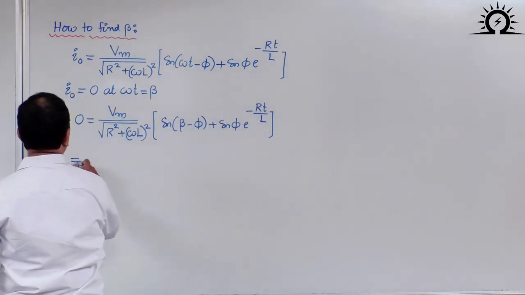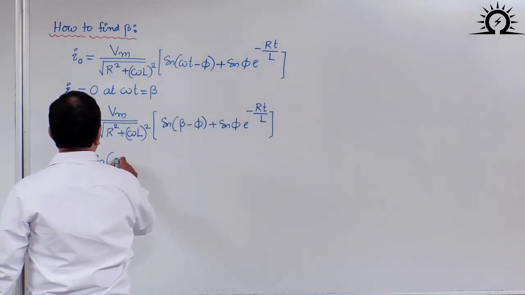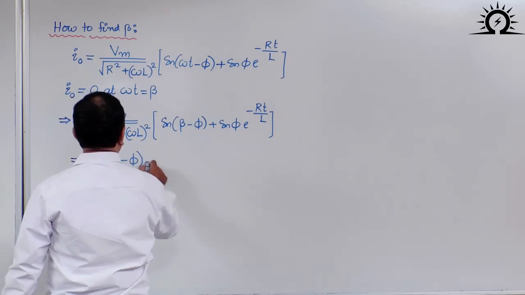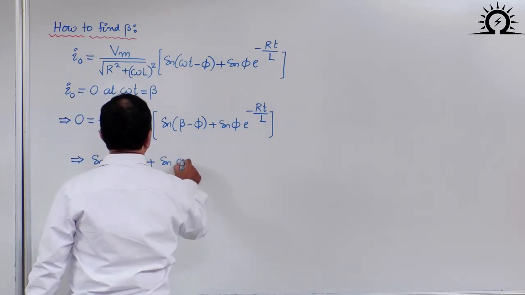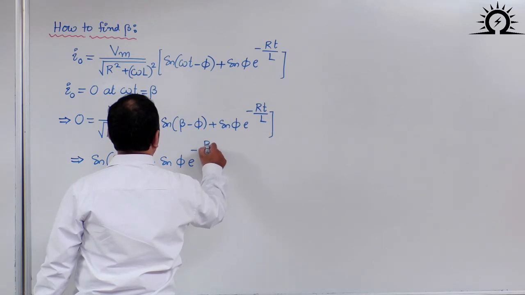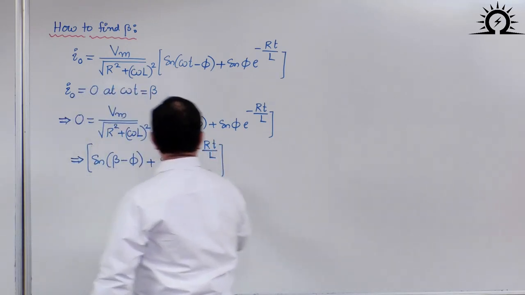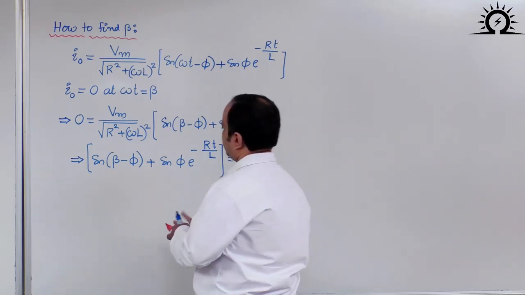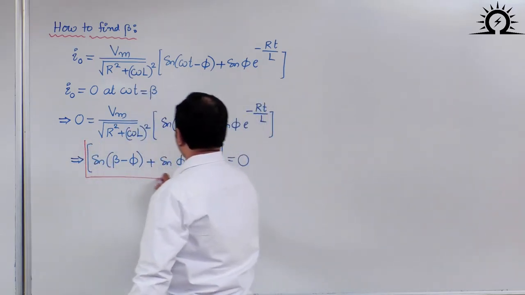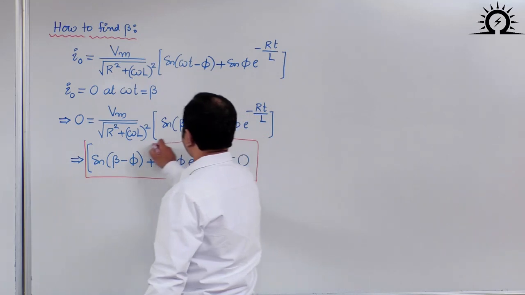Then what you will get? Sine of beta minus phi plus sine phi into e power minus Rt by L is equal to 0. You cannot further simplify this equation.